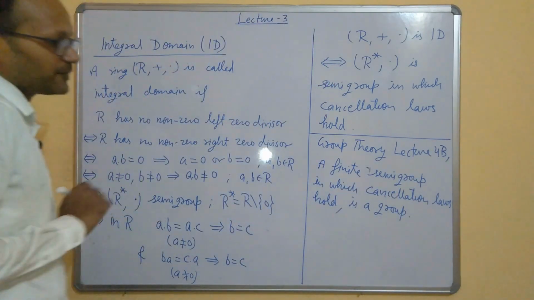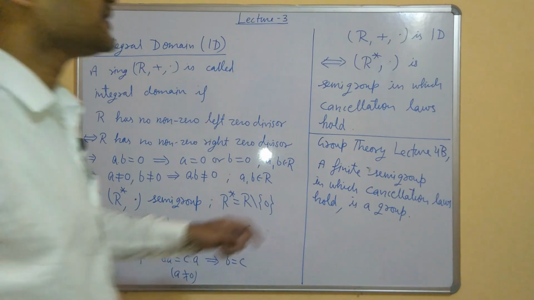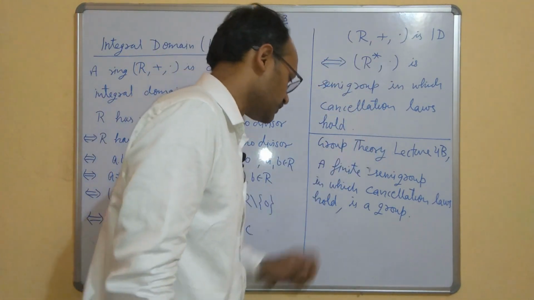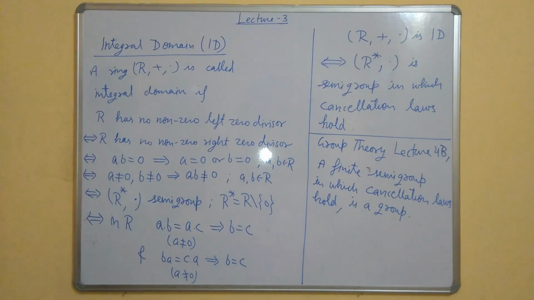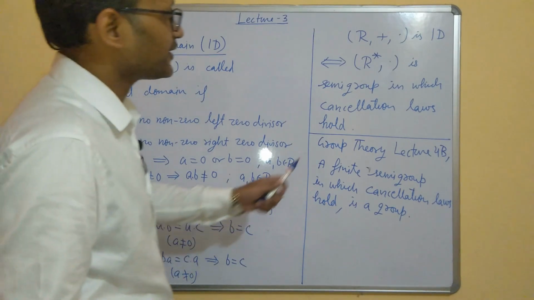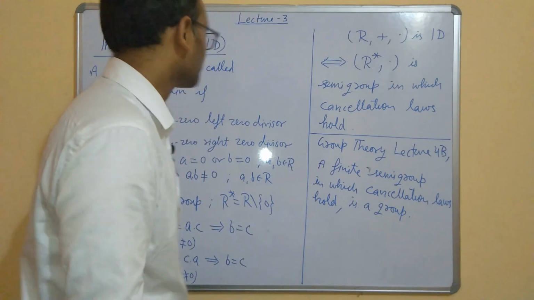So any finite semigroup in which cancellation law holds is a group. So if R plus dot is an integral domain, then R star dot is a semigroup in which cancellation law holds. So it means if R plus dot is a finite integral domain, then R star dot is a group.